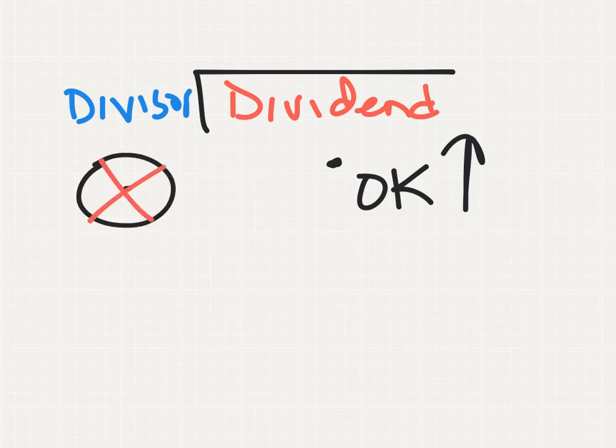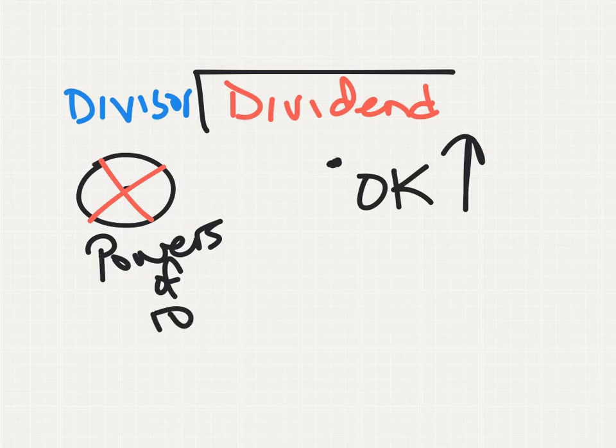And if I have a decimal in my divisor, we're going to use what we know about powers of 10 to move the decimal in our divisor to form a whole number. And however far I move the decimal in the divisor, I need to do the same thing in the dividend to form a new division problem.